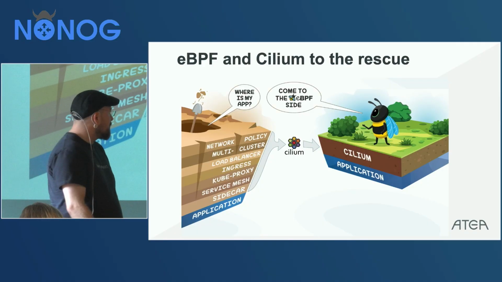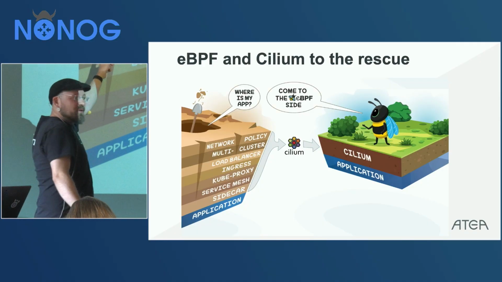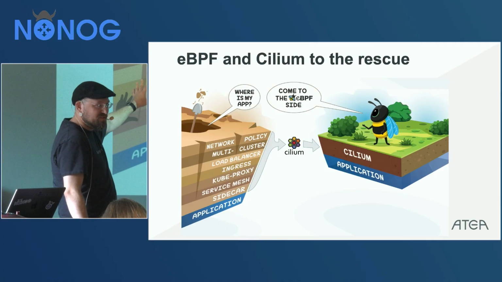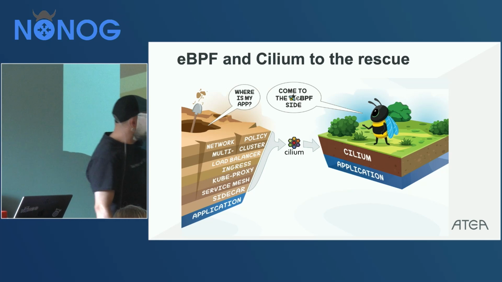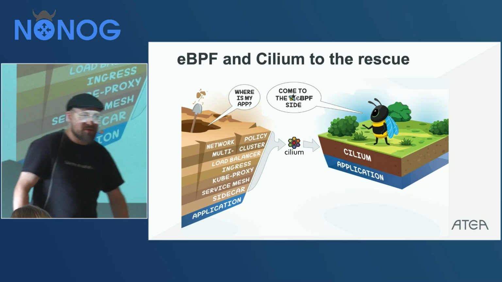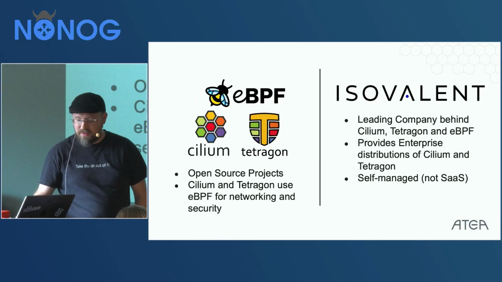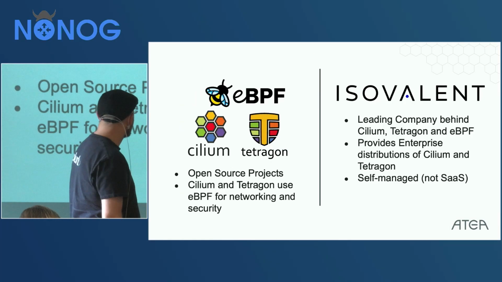So this is what Cilium did. They took a lot of these separated packages in Kubernetes, and they just said, okay, let's try to do something about this, and you can have this as a package. And the best part of it, it's open source.